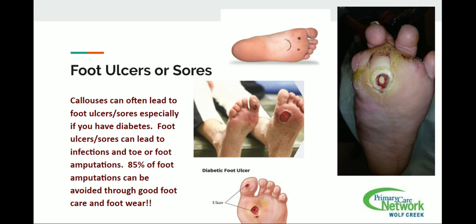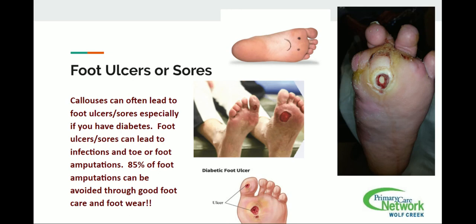Foot ulcers and sores can lead to infections and toe or foot amputations. 85% of foot amputations can be avoided through good foot care and footwear. So that is a big number, okay? 85% of these can be avoided, and it's through good foot care and footwear, and that is why we are educating you today on taking care of your feet.